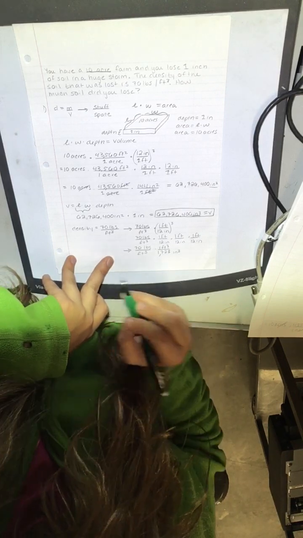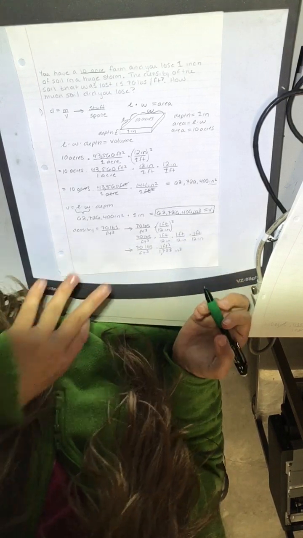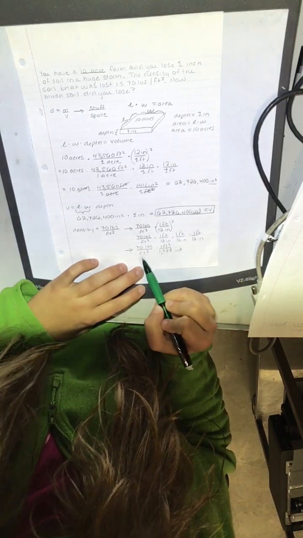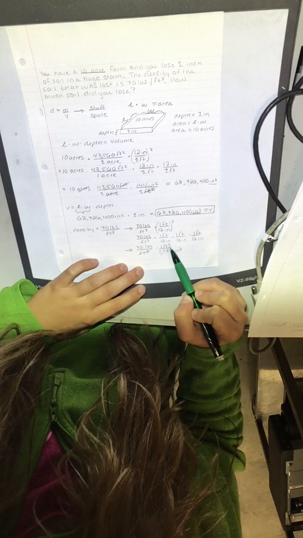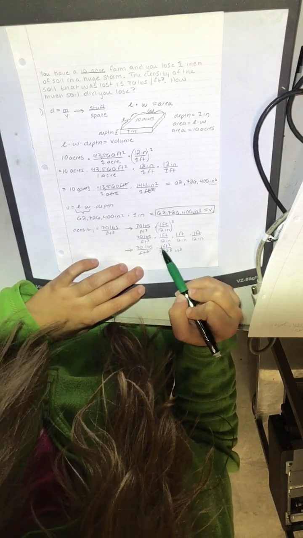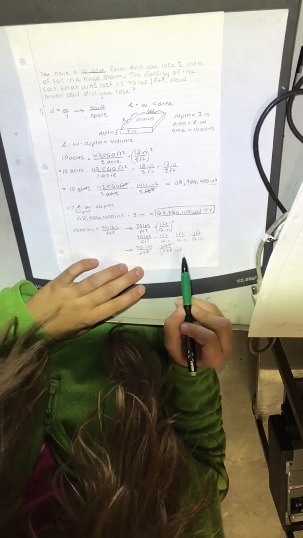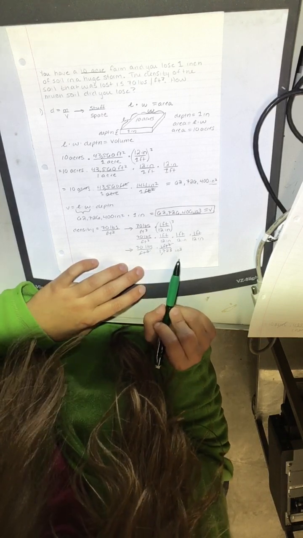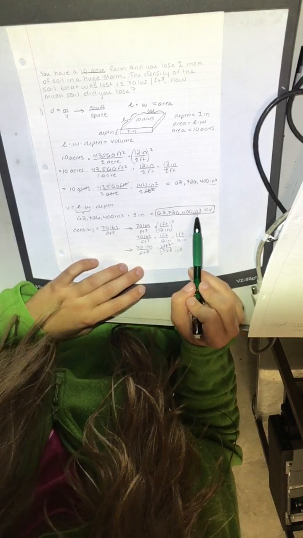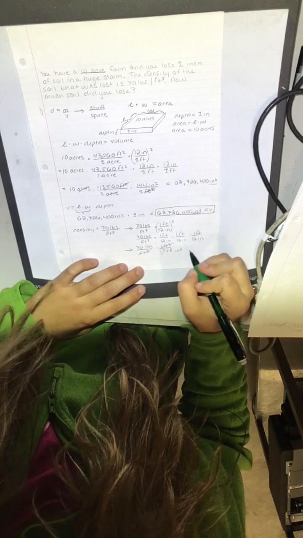So anyway, when we multiply this out, now it looks like we can start canceling some stuff. So we have a foot cubed, we have our cubic foot, and another cubic foot, and those things can cancel. So now we can finally get something in inches that matches our volume.